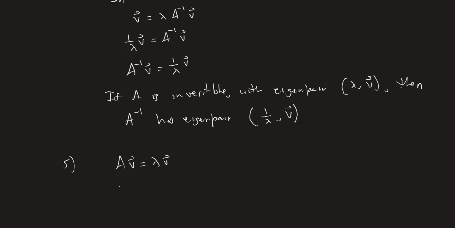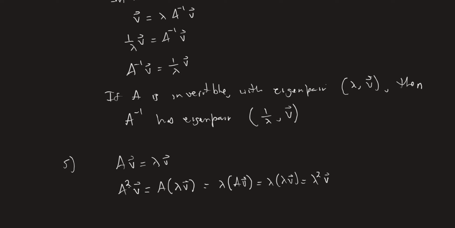So if I multiply this by A, on this side I would have A squared times V, and then on this side I would have, let me write it like this, I would have this. And then again, just like we did with the scalar, we can put it in front, so we'll have lambda times AV, and then I know AV is just lambda times V. So I'll have lambda squared times V, which means I now am scaling by lambda squared.